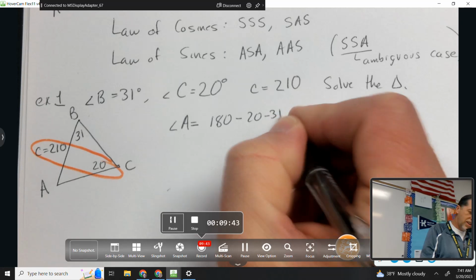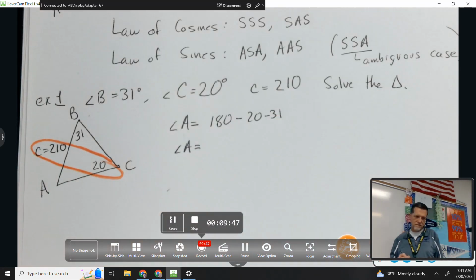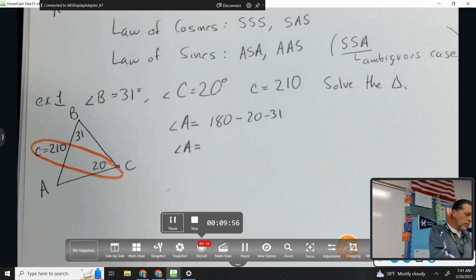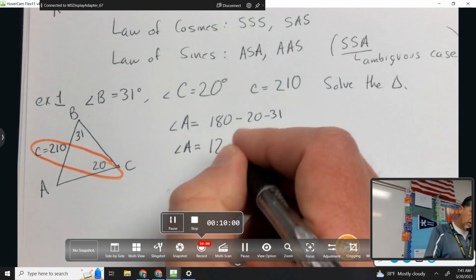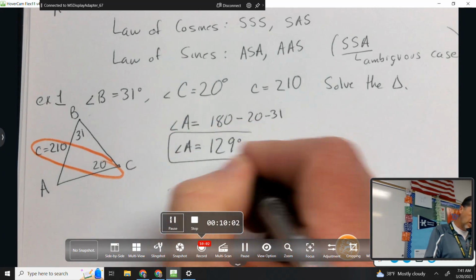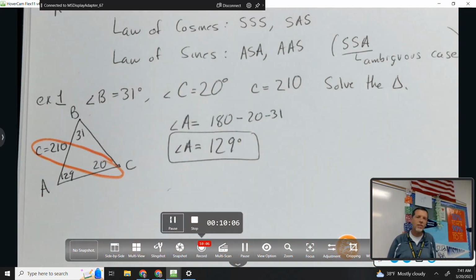You said when there's information across from each other, it's not law of sines. Yes, if you have an angle side pair across from each other, it will be law of sines. So 180 minus 20 minus 31 is 129. Okay, so we got angle A. That was easy. That wasn't really even law of sines.